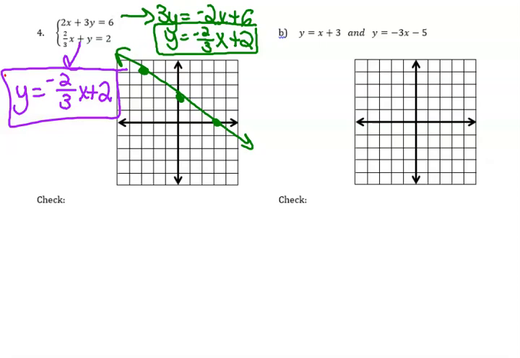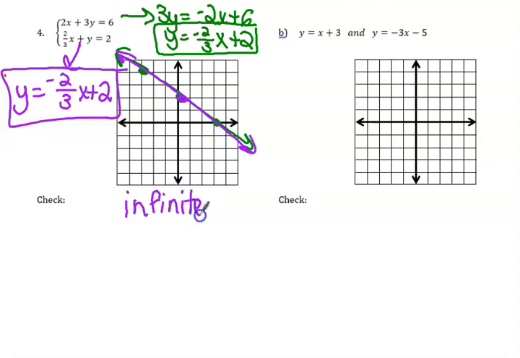And if you notice, my second one, when you subtract the 2/3 x to the other side, you have the same graph. So that would mean you would have infinitely many solutions.